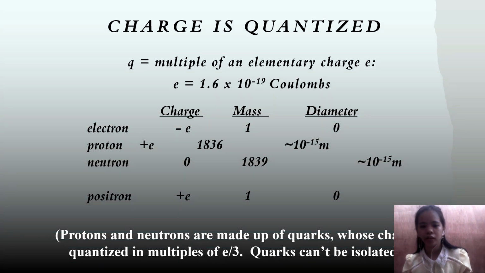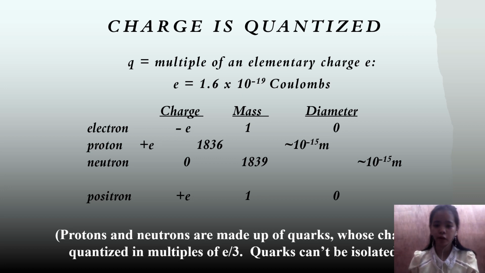So charge is quantized. Q is equal to a multiple of the elementary charge e, where e is equal to 1.6 times 10 to the power of negative 19 coulombs. The electron has charge negative e, mass 1, diameter 0. The proton is plus e, its mass is 1,836, and its diameter is 10 to the power of negative 15 m.